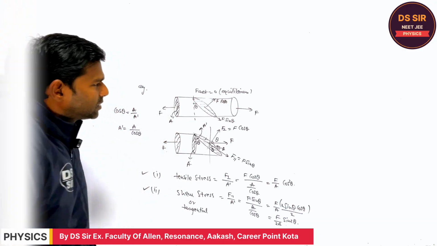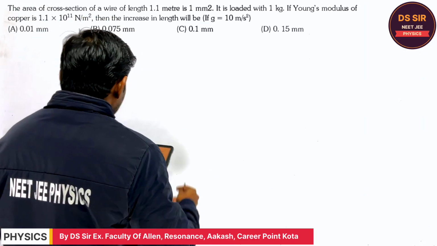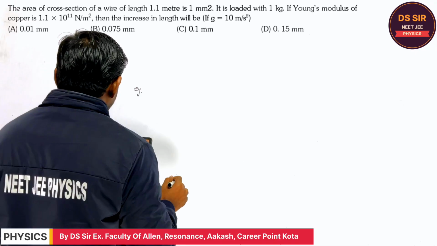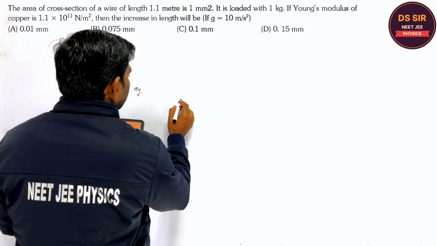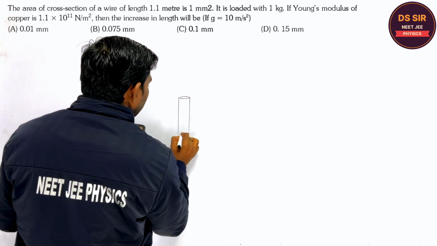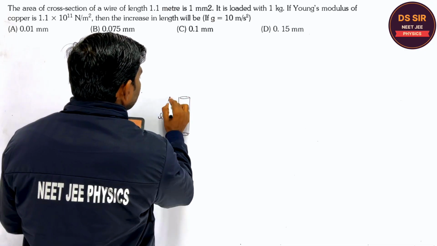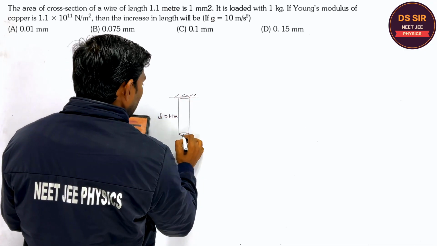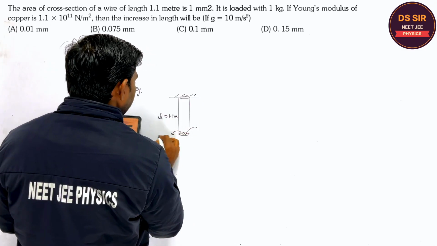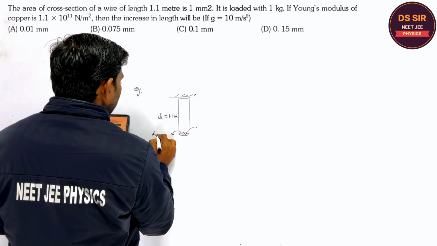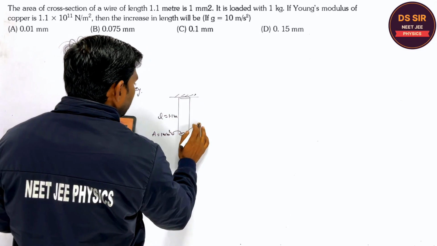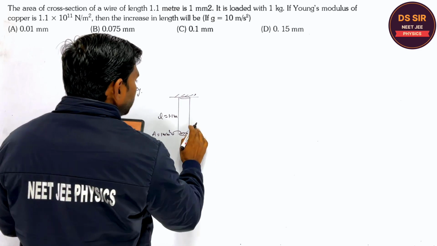Copy this. So read this question. In this question, the wire is of length, suppose the length is 1.1 meter, and the area of cross section of this wire is 1 millimeter square, and it is loaded with 1 kg.